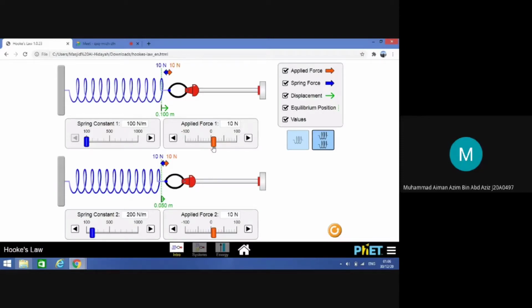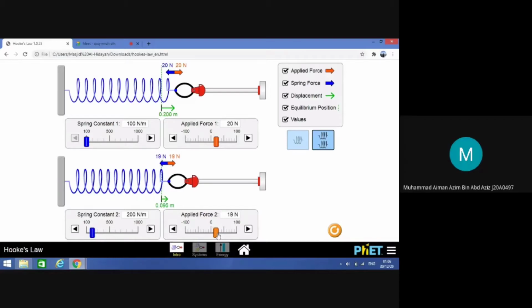Next, we put 20 Newton force on both springs. The 100 Newton per meter spring constant will get 0.200 meter displacement, and the 200 Newton per meter spring constant will get 0.100 meter displacement.